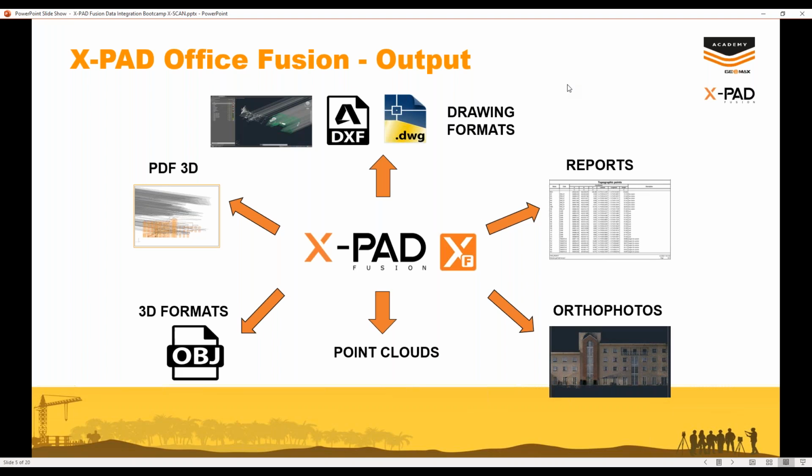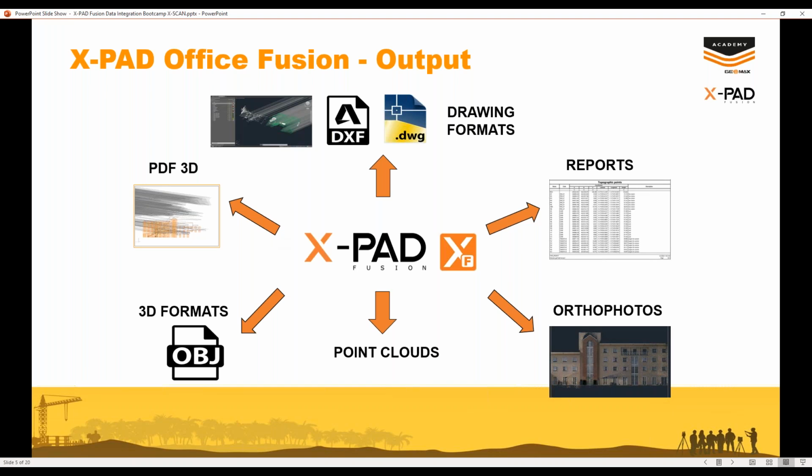Thanks to this software, we can also create outputs that you may need to share with customers, such as reports. Just to show you some examples, we can create drawing formats and export them in DXF or DWG formats. We can create 3D PDFs to quickly visualize the data with a simple PDF viewer.